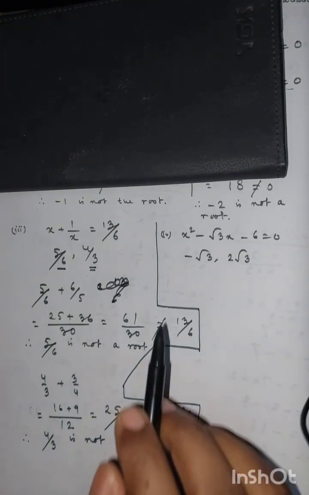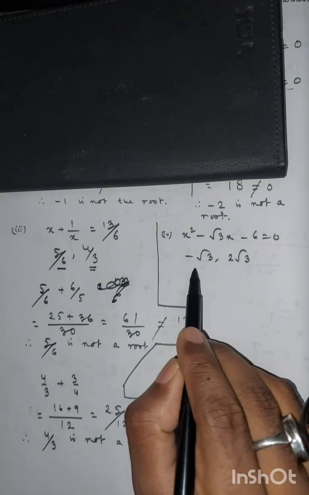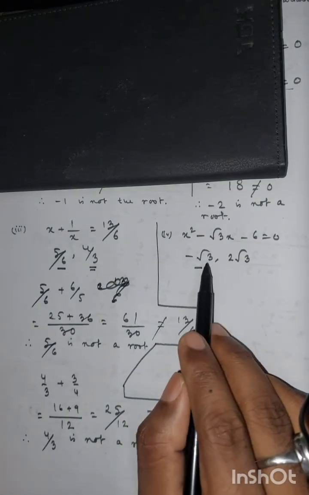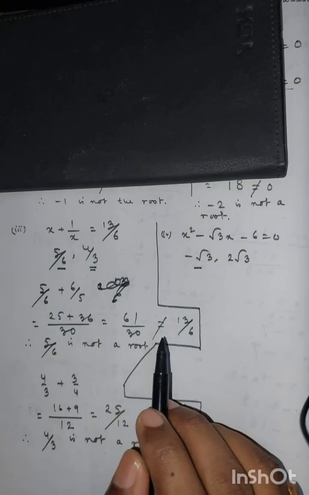Now let us check for minus root 3. We are putting this value in the left side of this equation.